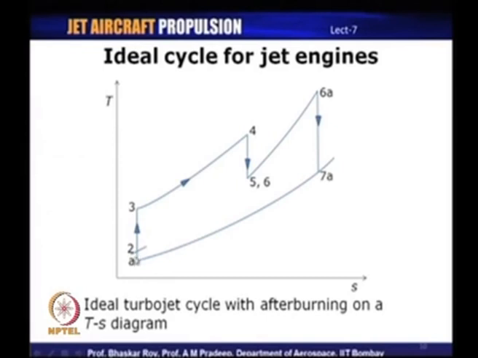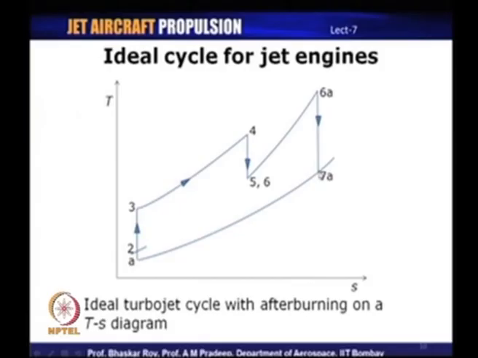One is in the intake or the diffuser, and the second process between 2 and 3 is the compressor. 3 to 4 is the combustion process, which is the heat addition. 4 to 5 is the expansion in the turbine, and after the turbine exit is the reheating or afterburning process. Additional fuel is added, and so we have a process which resembles the heat addition between 3 and 4. So, 6 to 6a is the afterburning process.